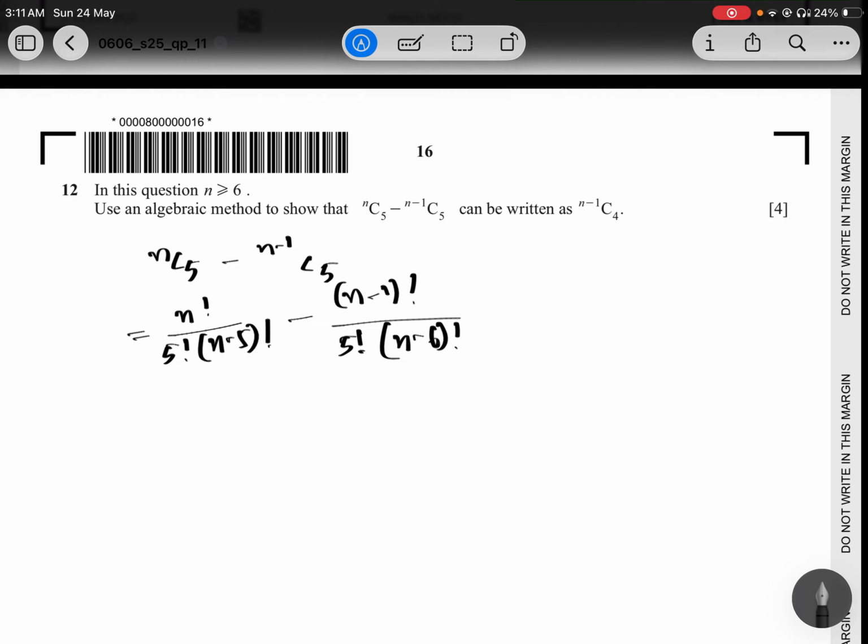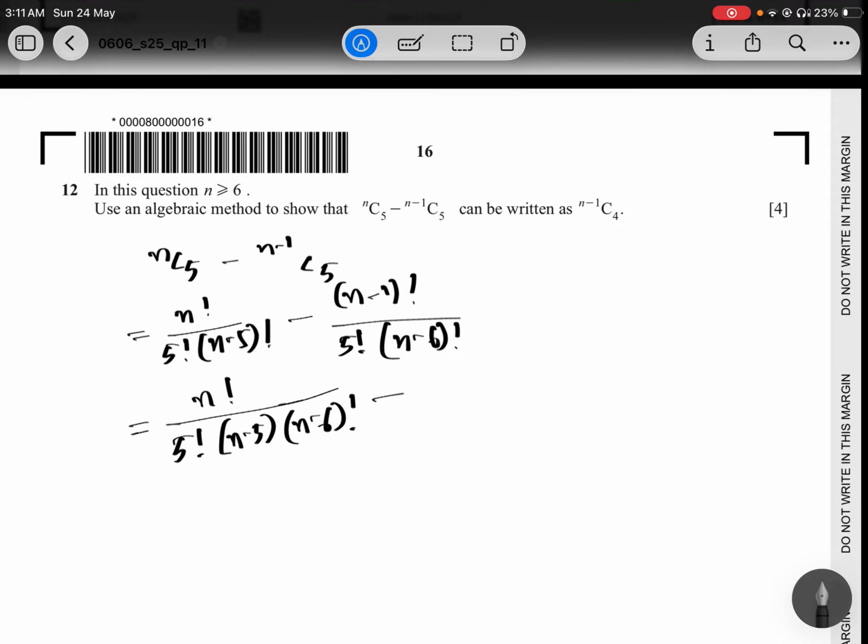Now the thing is, n factorial over 5 factorial, I can write n minus 5 as n minus 5 factorial is n minus 5 times n minus 6 factorial.